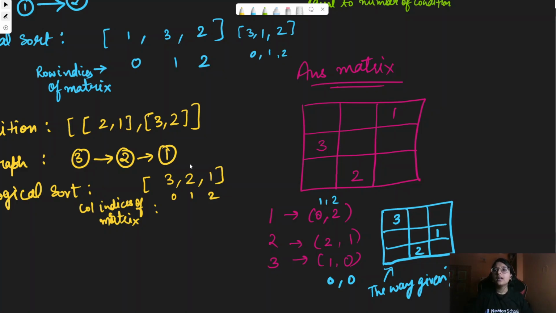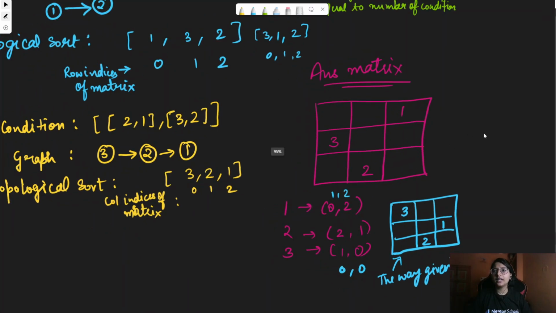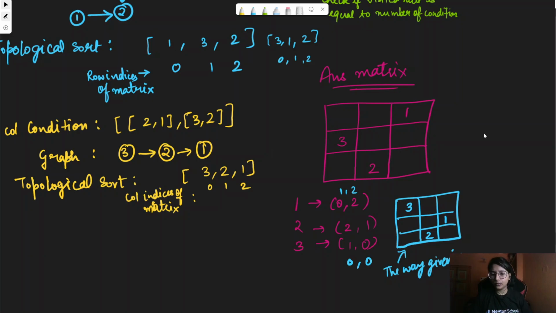So that's why columns are remaining same but rows are being changed. So that is the only difference between these two. Or the other way around could be there, or both could be changed. So that's why another sort of matrix could also be formed. So that's why they are saying that we are required to return either one answer. So from our answer, if this comes out or this comes out, both of them are true.